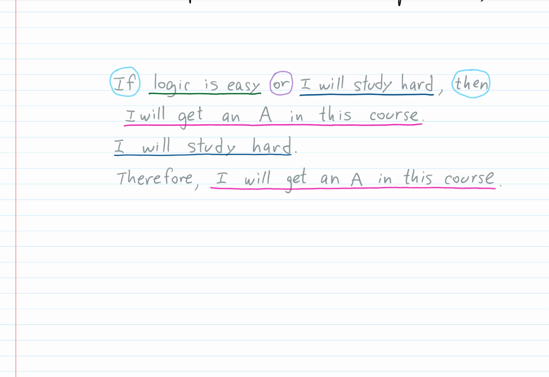We can replace the words with symbols. So the first thing I want to do is introduce you to what's called a statement variable and what's called a statement form. Then we'll put those together, and then I'll show you what's called an argument form.